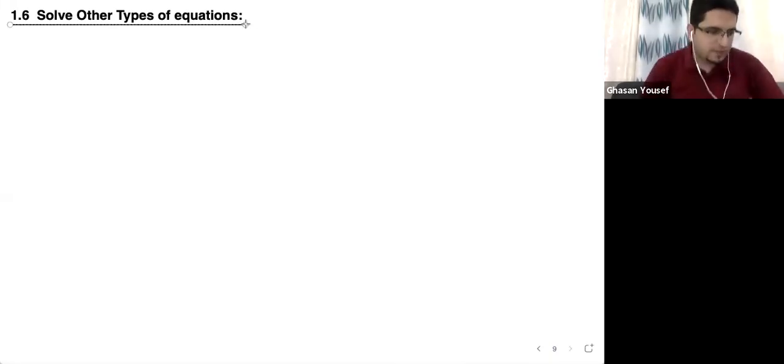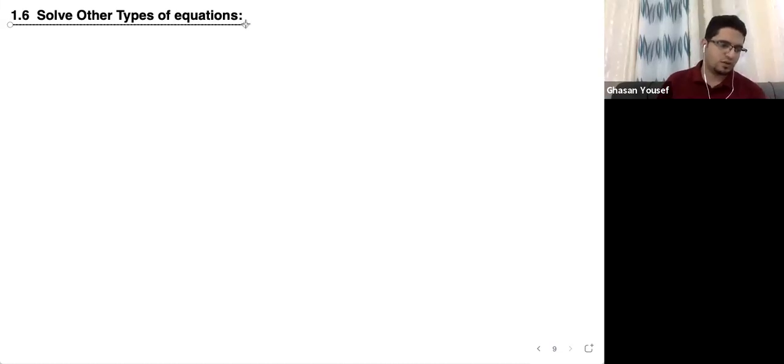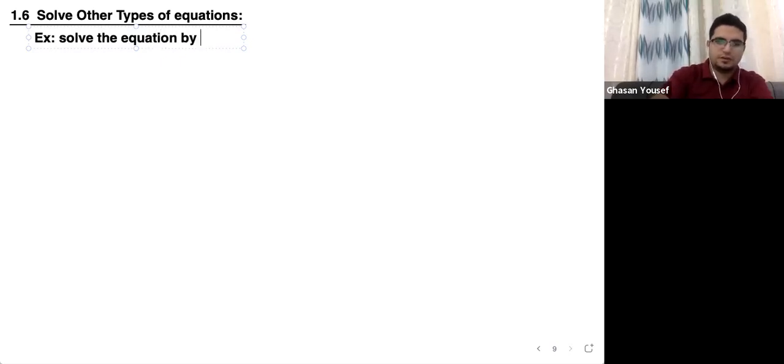But in the beginning, I'm going to show how to solve a polynomial equation by factoring. So in the beginning of this section, we start with an example: solve the equation by factoring.